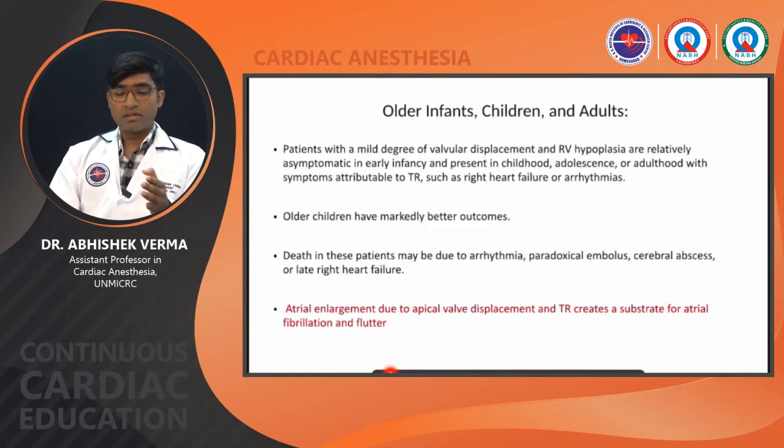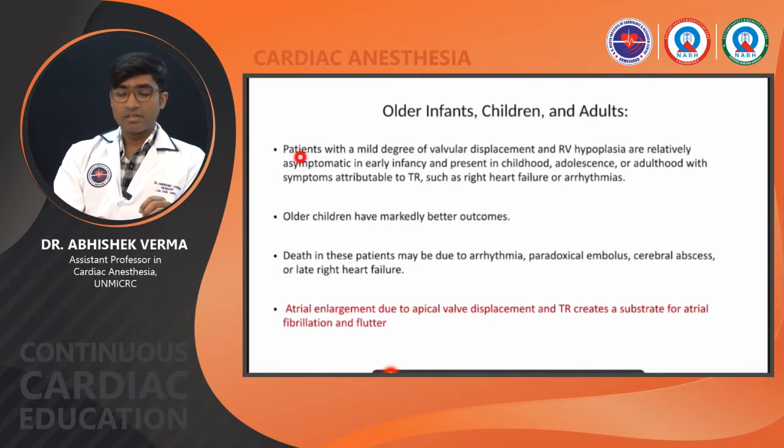Now we discuss the older infant, the children and the adult patient. These patients are past their neonatal time. It means they have the mildest or the moderate form of the abnormality of Ebstein anomaly.